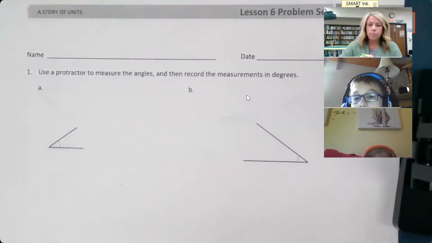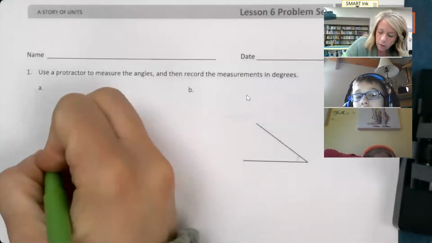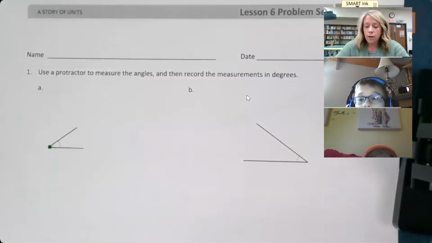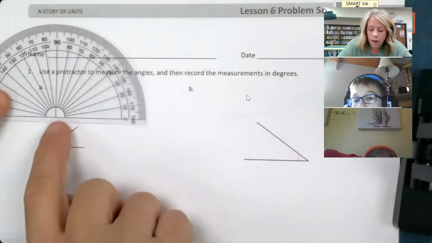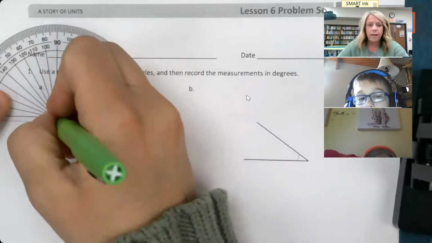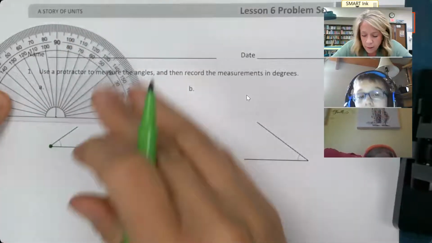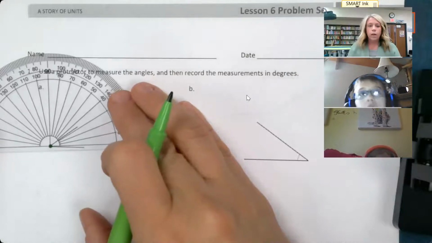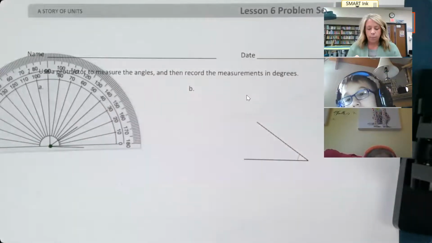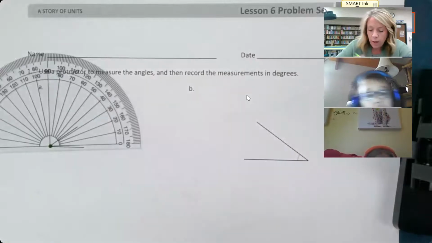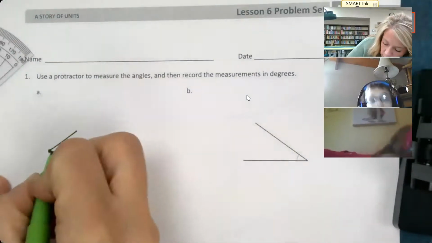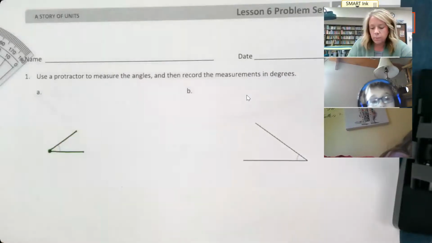The first thing is, with your pencil or with a marker, I like to darken in my vertex. So when I take my protractor, and this is the one that we have because right here is where we're lining it up, I'm going to line up that with my vertex. Now my vertex is lined up perfectly, and I'm actually going to make my whole angle green so it's easier to see through all those lines.